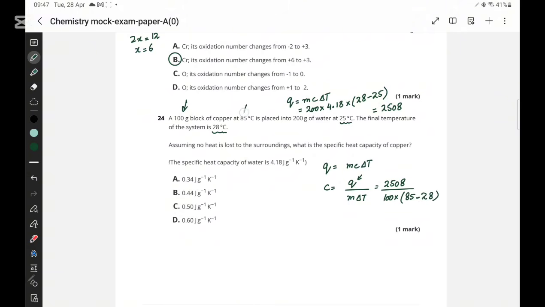Okay, 85 is the temperature of copper there, and the system temperature falls to 28. So the final answer comes out to be 0.44 joules per gram per Kelvin. So that is going to be B.